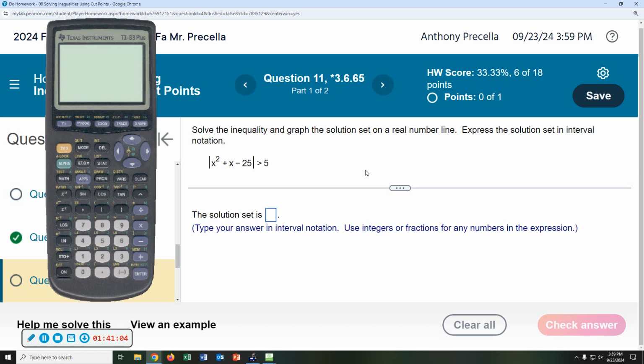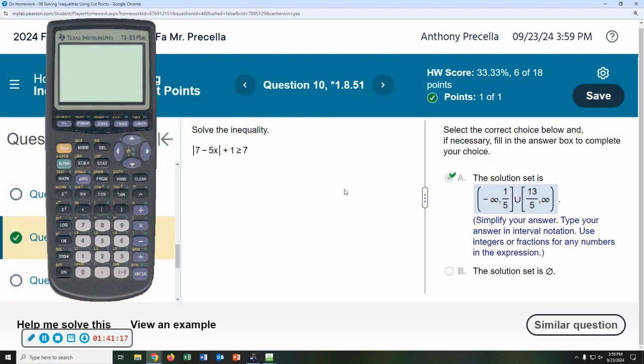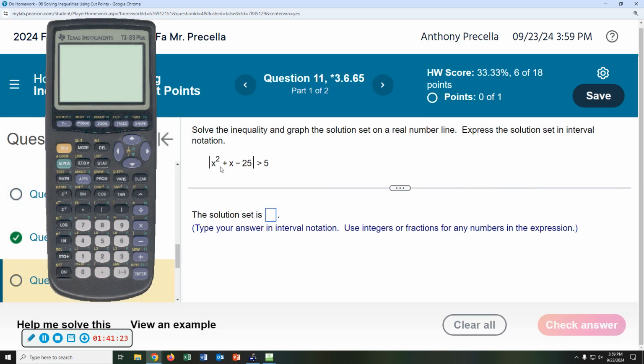Bring it out of the absolute value. Hey, we don't have to move stuff around. You see the absolute value is already isolated. Unlike number 10, where there was that plus 1 stuck there, and the absolute value wasn't isolated. Here, the absolute value is already isolated.